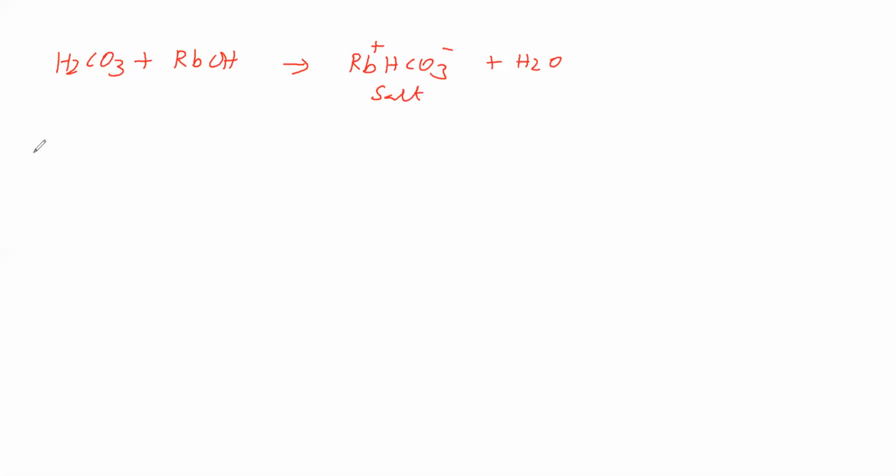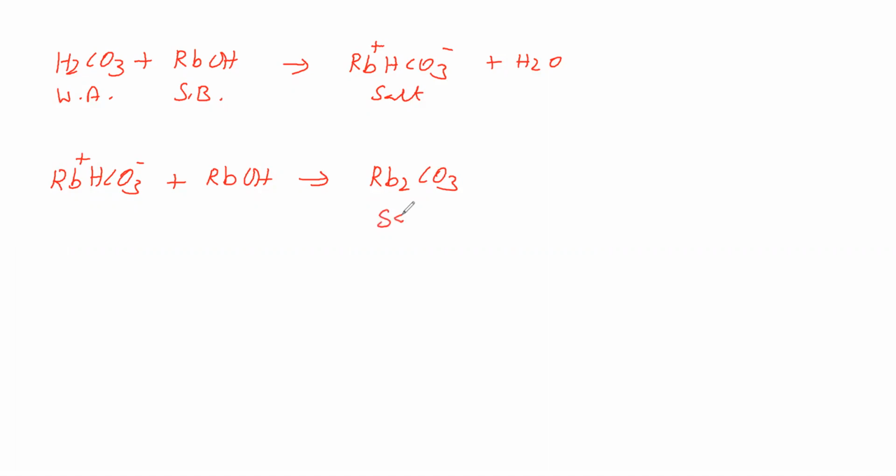Okay. This salt, here the acid is weak and the base is strong. Therefore we can say it is a salt of weak acid and strong base. This rubidium bicarbonate we will take. To this we will add strong base rubidium hydroxide. We are getting a salt Rb2CO3.